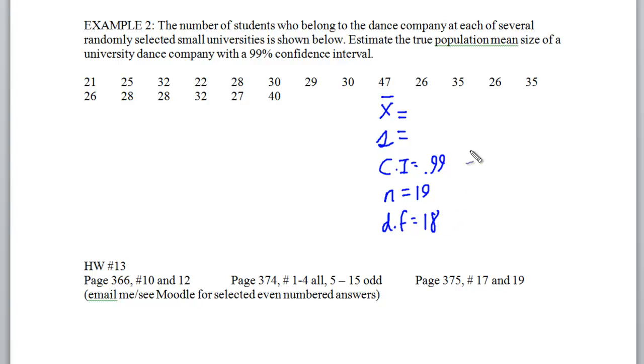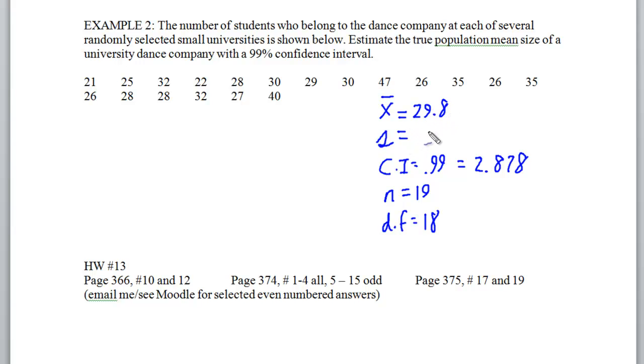Now, if I look at the chart, on the left-hand side, 18, and on the top side, the 99% gives me 2.878. If I add up all these numbers and type these into a calculator and find out our average, because it's adding them up and dividing it by 19, you get an average of 29.8.